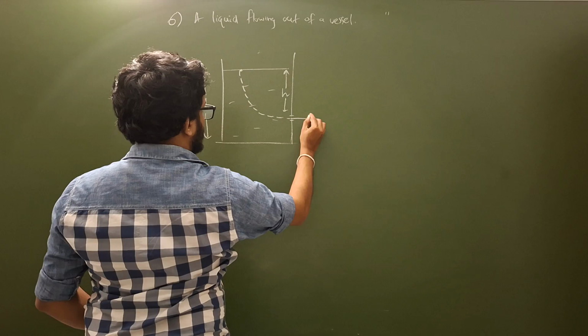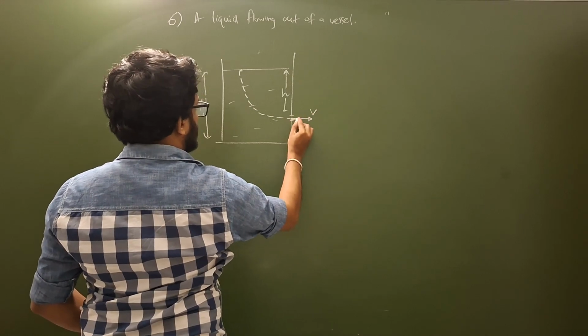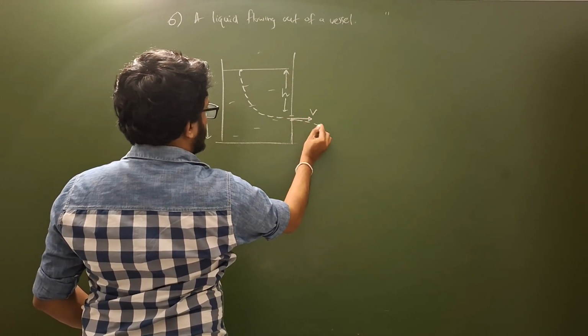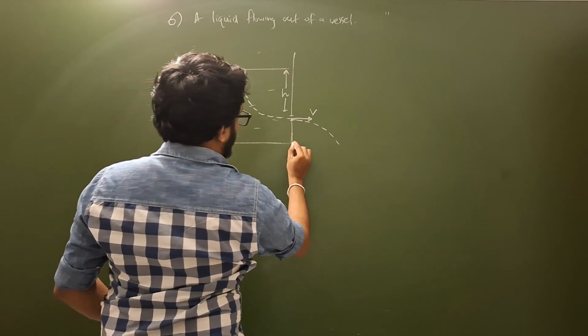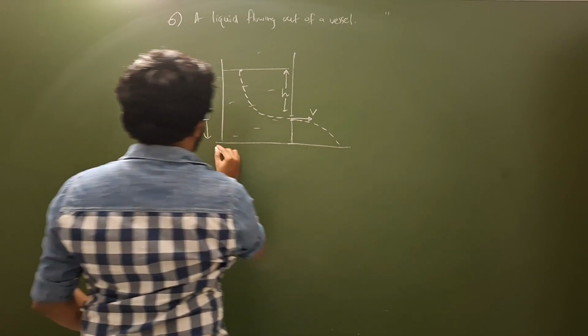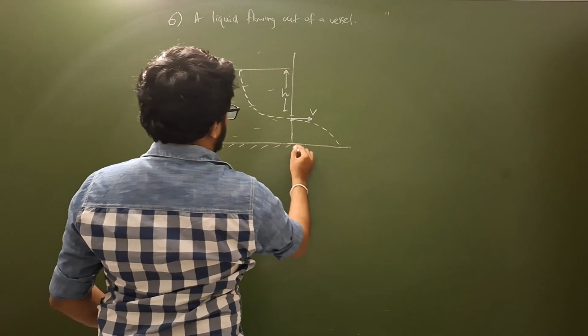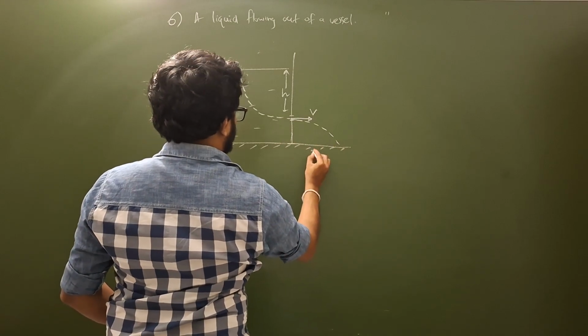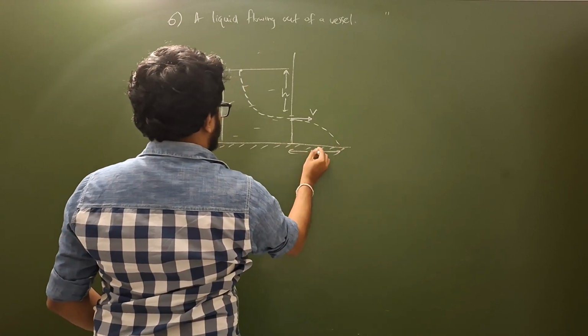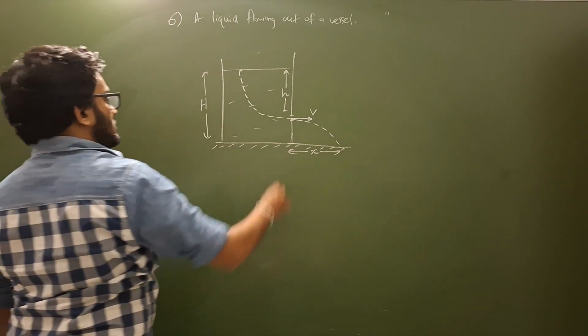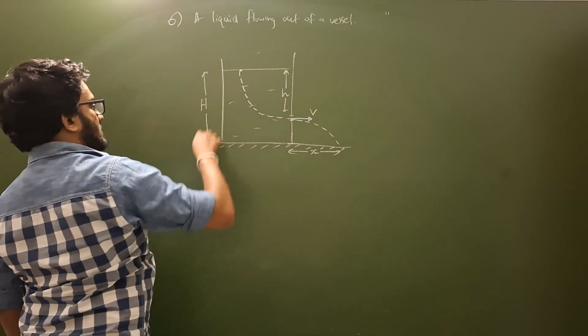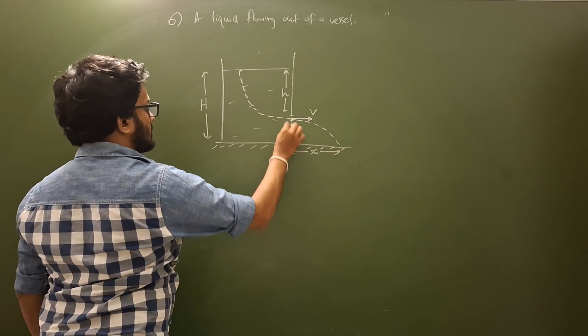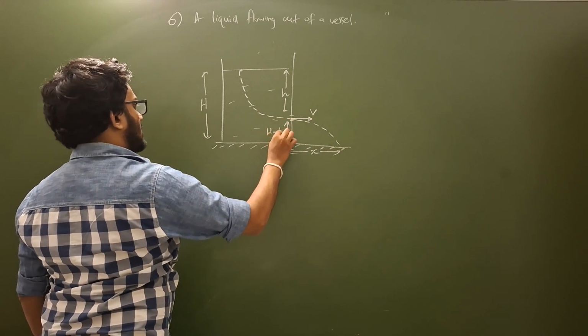So there is a velocity at this point. Let's take it as v, and the fluid will move in a parabolic shape. This is actually the flow. Let's mark this horizontal range as x. If this is simple h and this is capital H, this gap is capital H minus simple h.